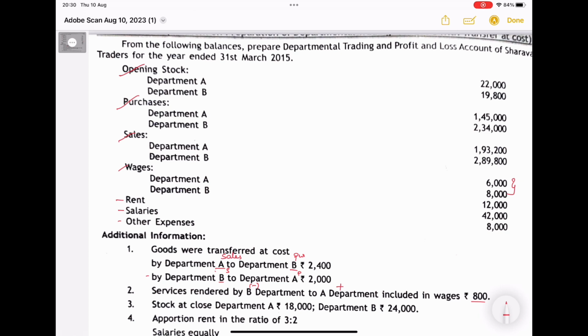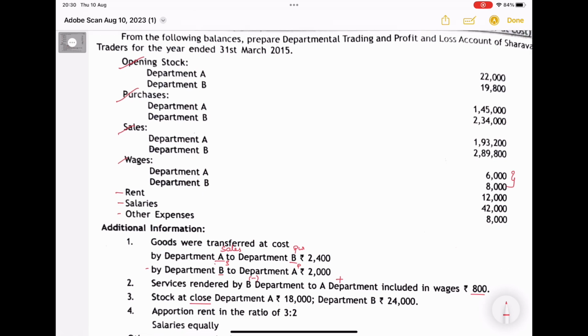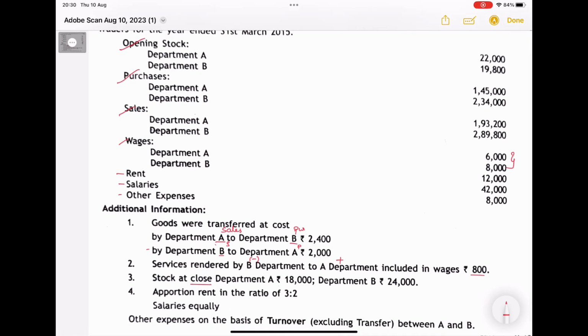Third point, stock at close, nothing but closing stock. Closing stock of department A is 18,000 and for B 24,000. Apportionment of rent is in the ratio of 3:2.